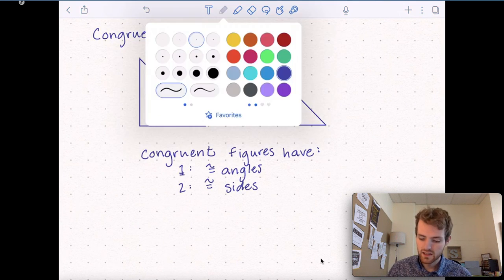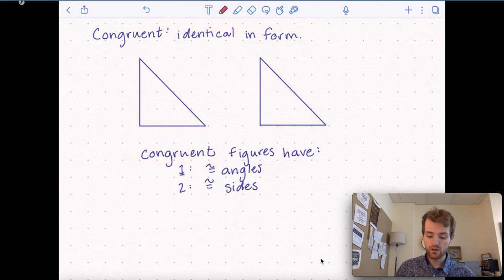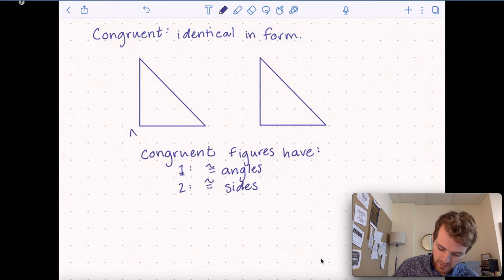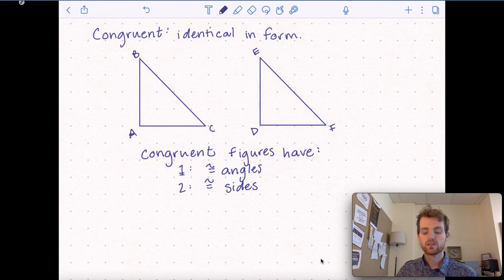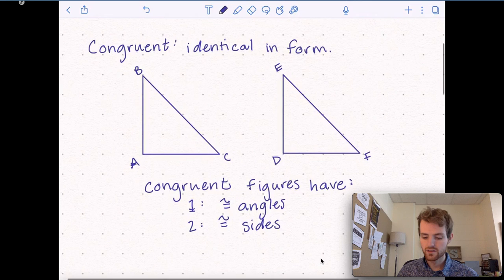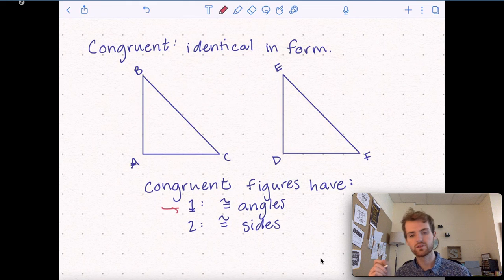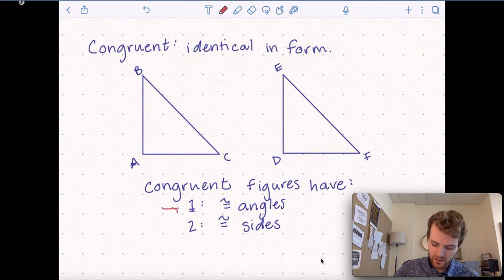What that means is, let me first label these. Let's say the left triangle is ABC. The other triangle is DEF. When I'm talking about congruent angles, that means each angle is going to have a congruent pair.